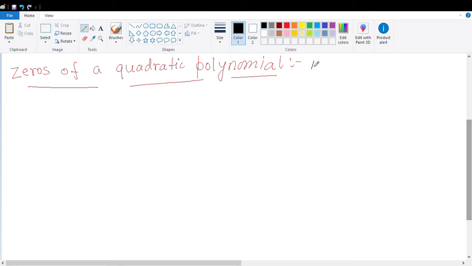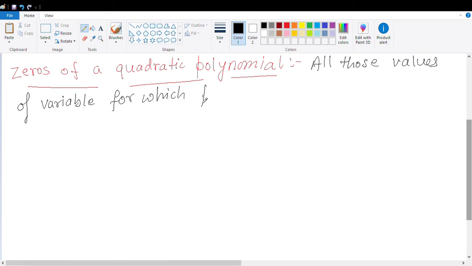Zeros means all those values of the variable for which the polynomial becomes 0.